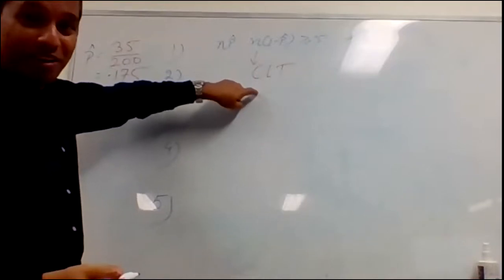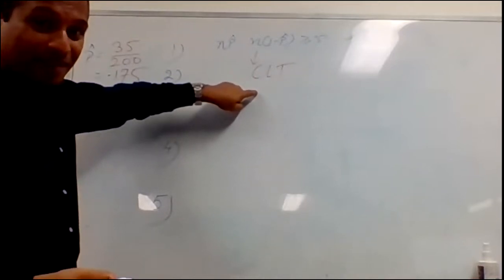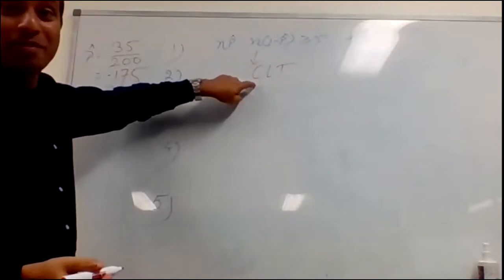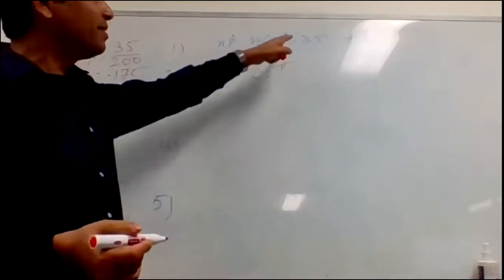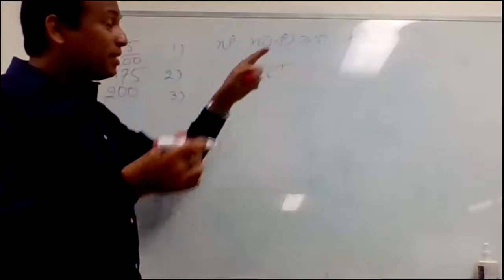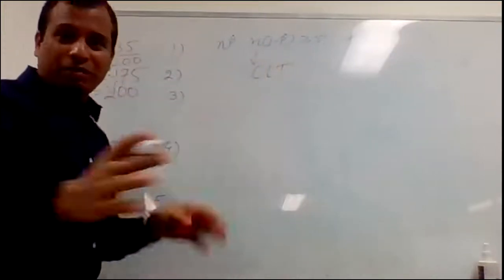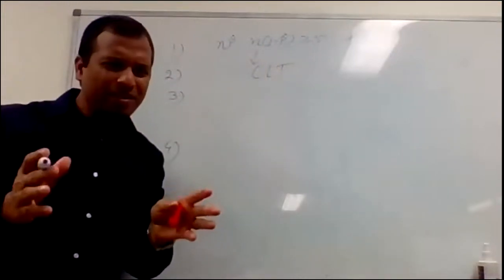Are you able to recall or not? Yes. So the central limit theorem suggests that if the sample size is large enough, the curve will approach normal. Even in the question, it is not given that it is normally distributed.